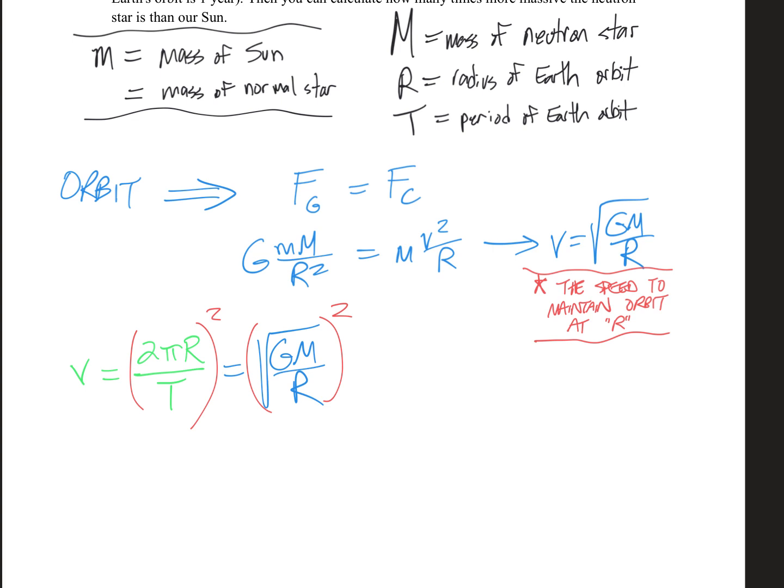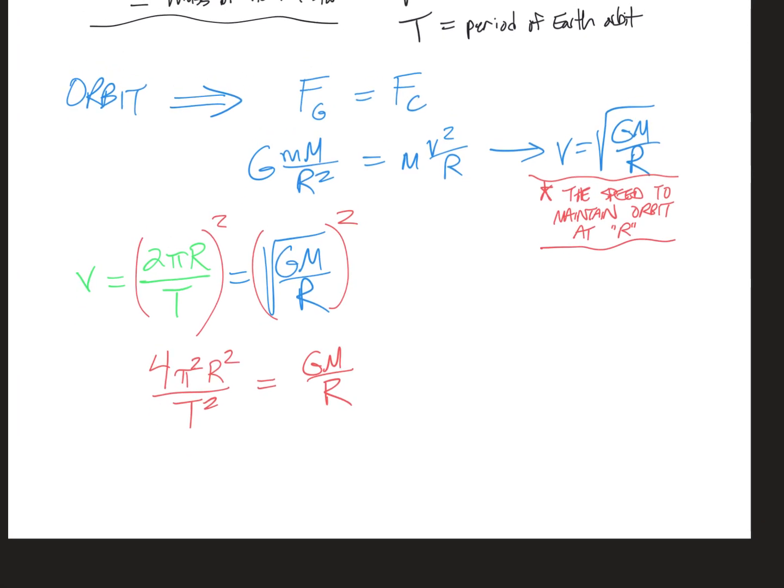So now I get 4 pi squared R squared over T squared equals Gm over R. So now I don't have any irritating square roots to deal with. And what this gets us to, if you solve for mass, is 4 pi squared R cubed over G T squared.